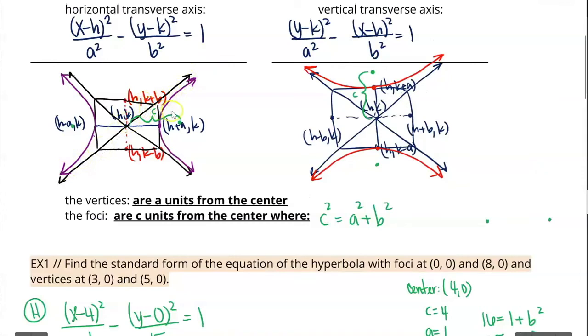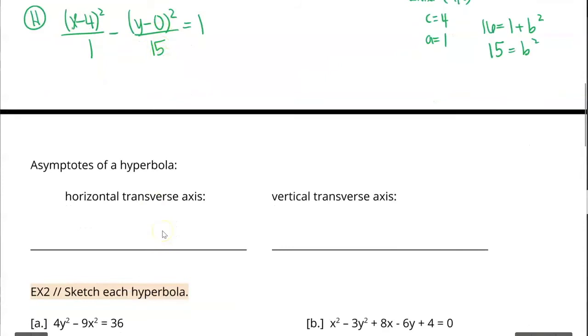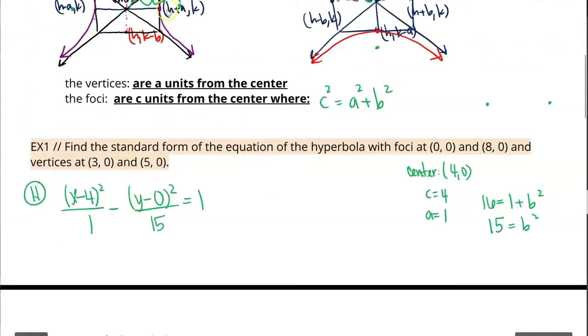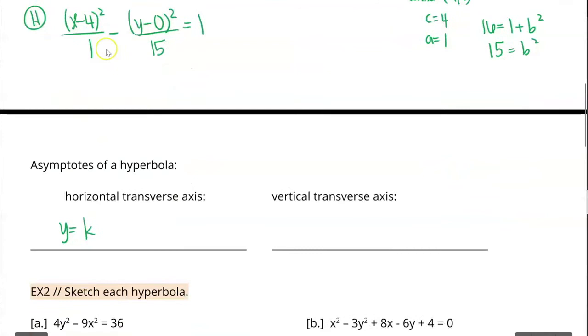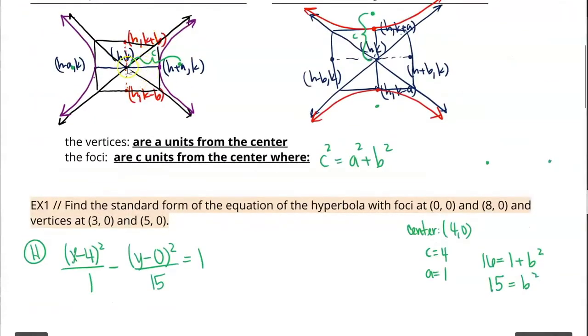And if we want to know the equation of those lines, we can do that, right? And this is where they come from. They're going to be y equals, and this is going to be k, and that should make sense because that's the y coordinate of the center, okay? And it's plus or minus, because there's two of them, and we do b over a, which should make sense because b would be like the rise, right?